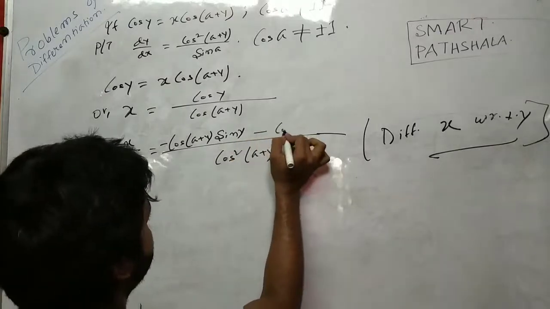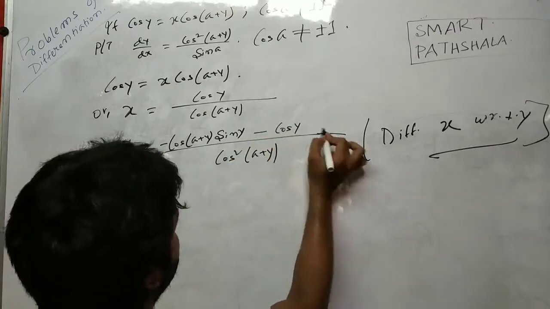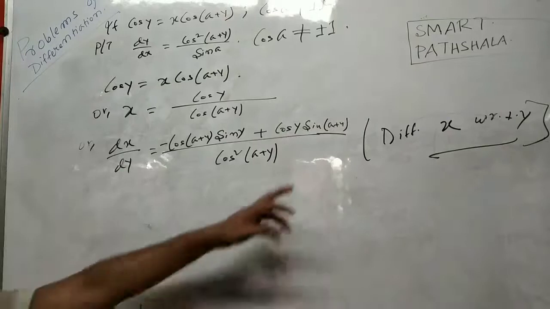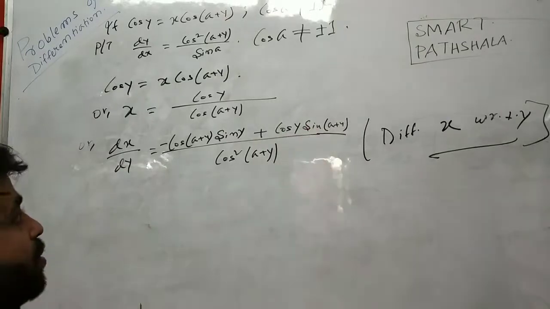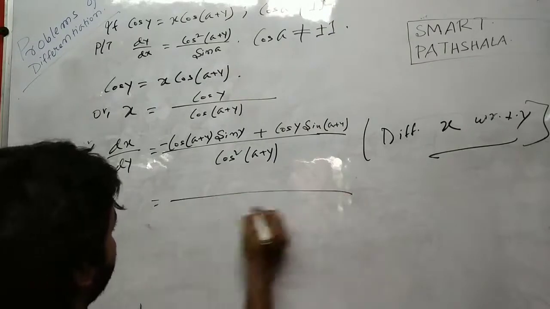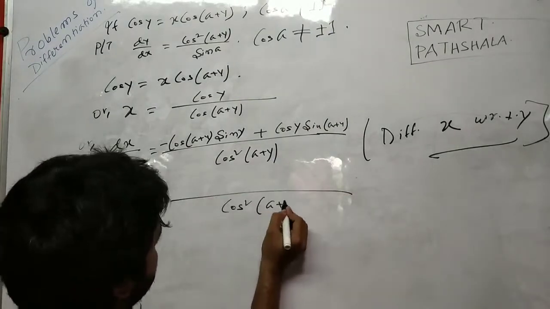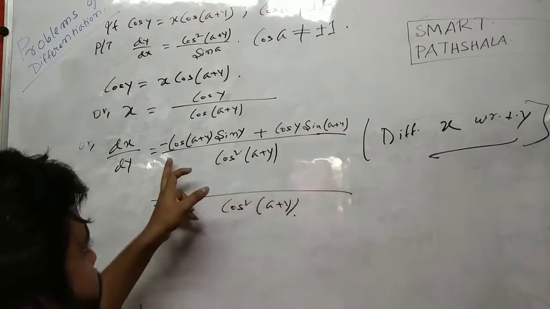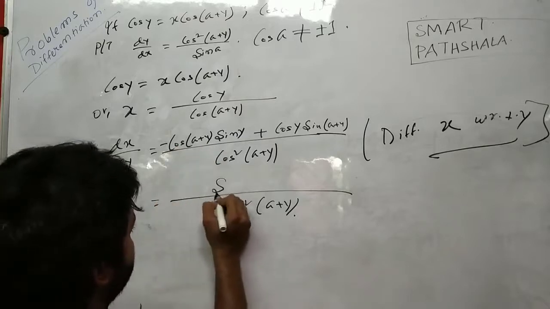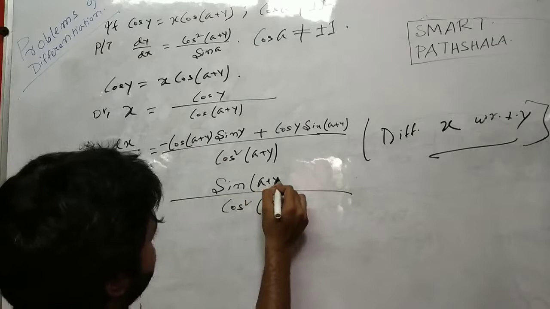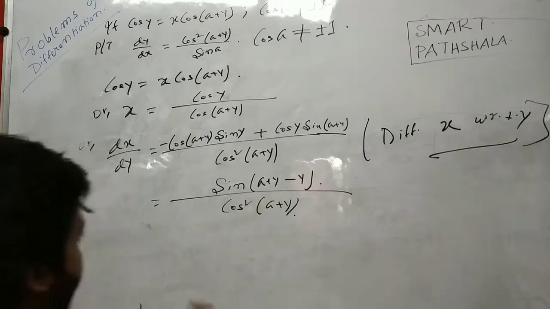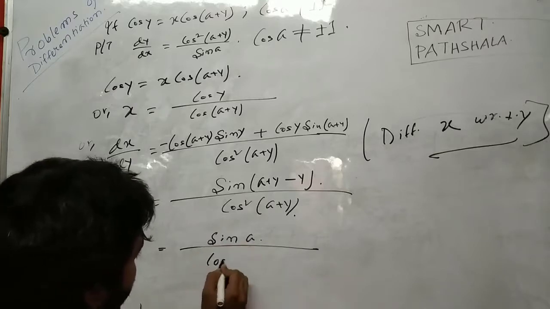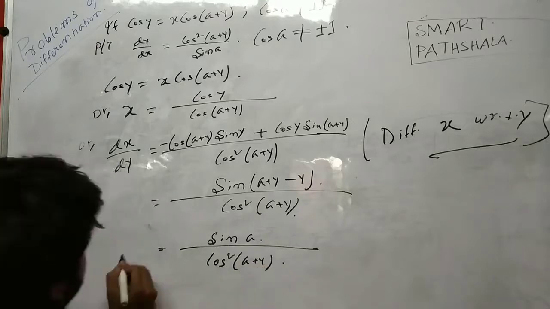Then you will have minus cos y sin a plus y, and a plus sign over here because you are getting one minus sign in this location, right? Now look carefully, here you have sin a plus y cos y minus cos a plus y sin y. So that is actually the formula of sin of a plus y minus y. So in this equation, what you are having is sin a by cos square a plus y.